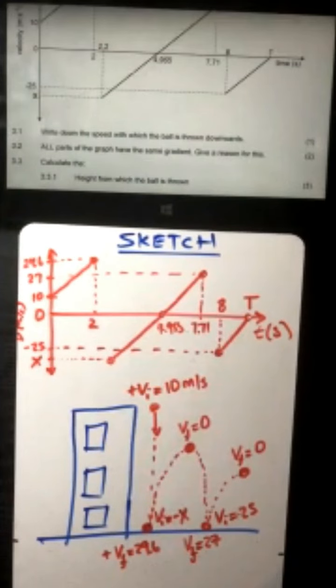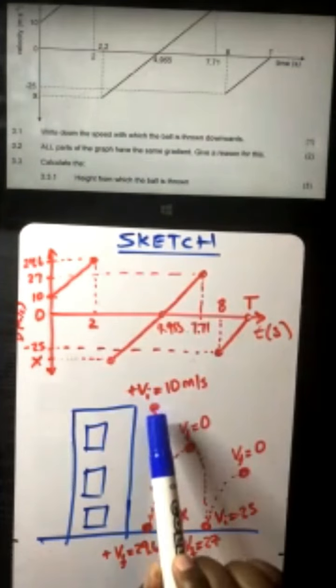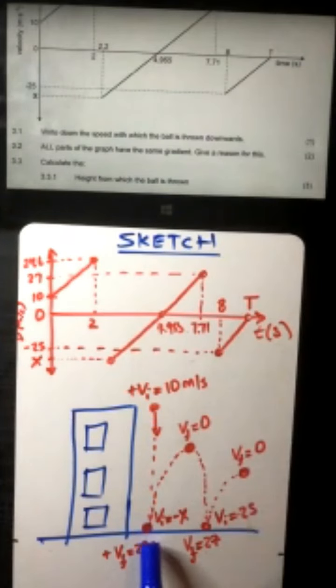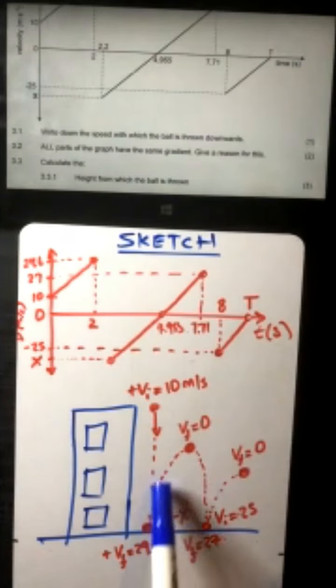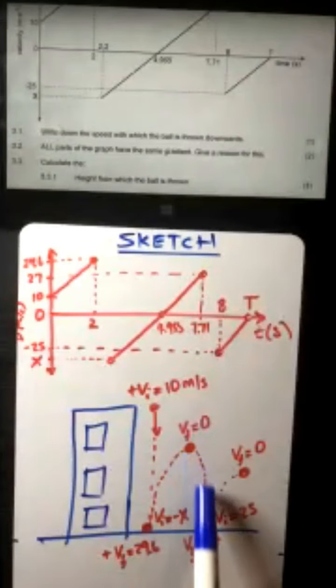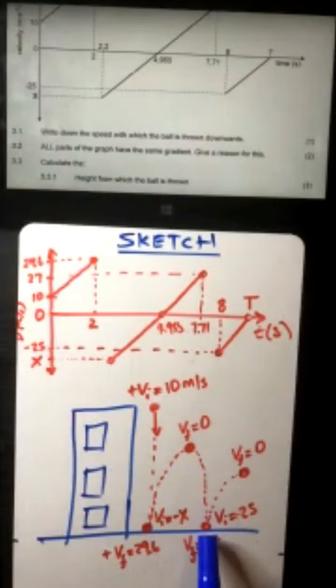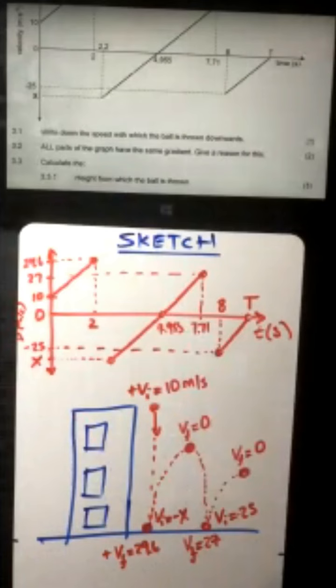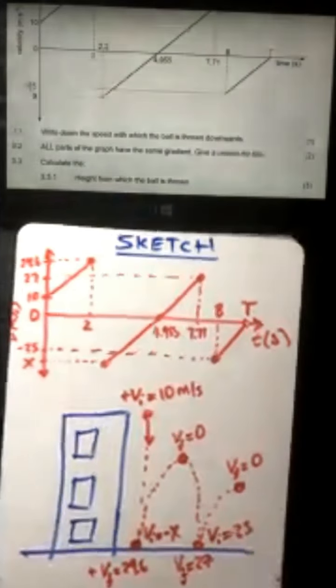So let me explain, the object here from the top of the roof: as it strikes the ground, G is the same. As it bounces, G is the same. As it strikes the ground, G is the same. As it bounces, G is the same. So that's why I'm saying the gradient is the same, because the gravitational acceleration is constant.